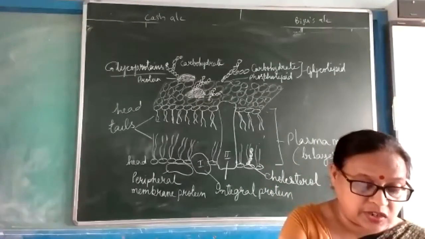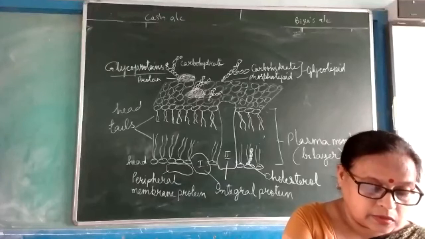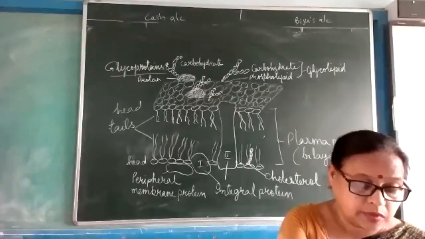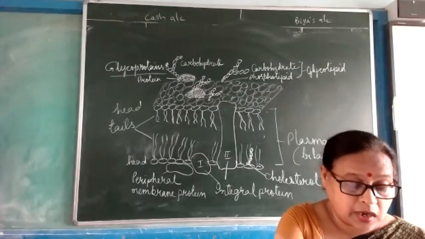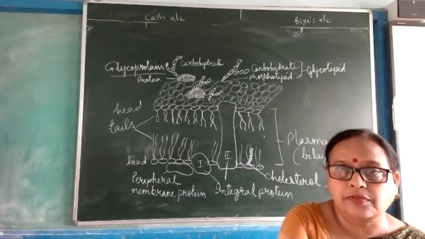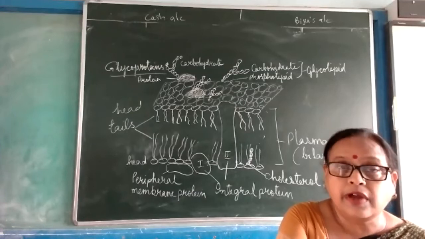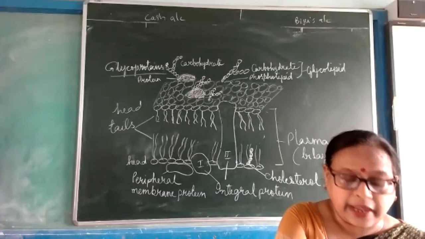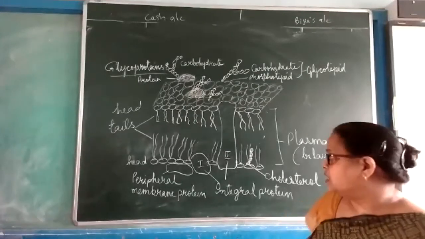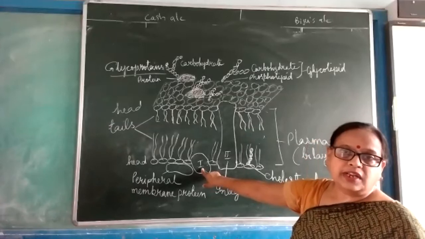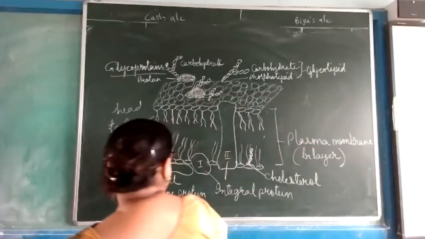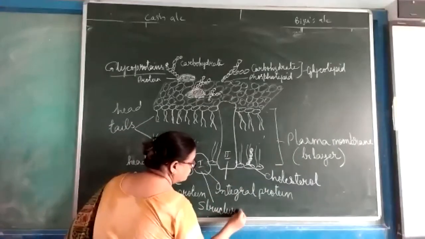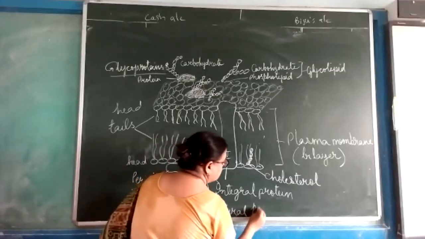Such proteins are partially embedded or partially penetrate in lipid bilayer. They are small, exposed on its surface, provide stability to lipid bilayer, hence called structural proteins. So number one type of integral proteins are the structural proteins.